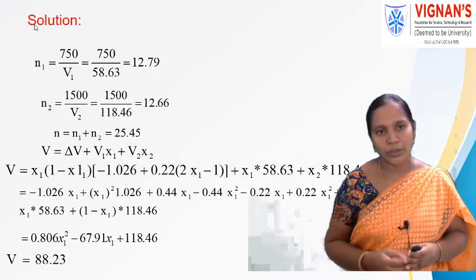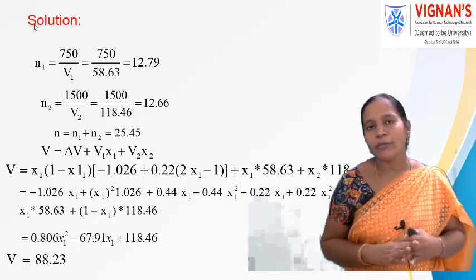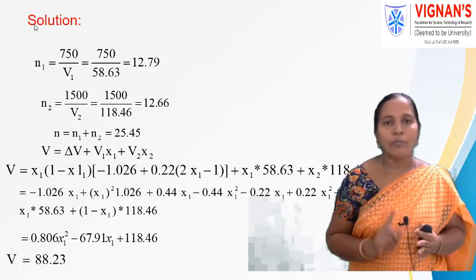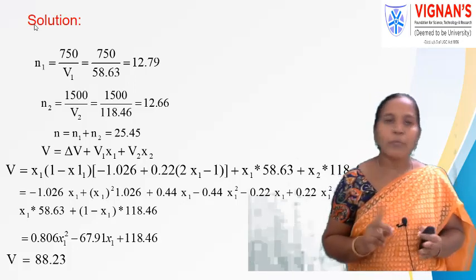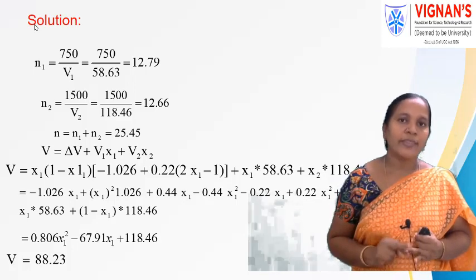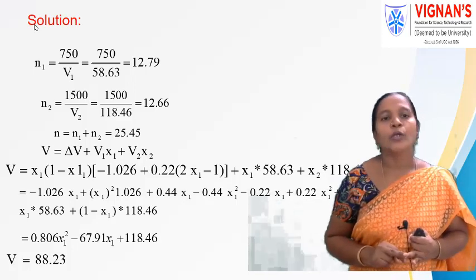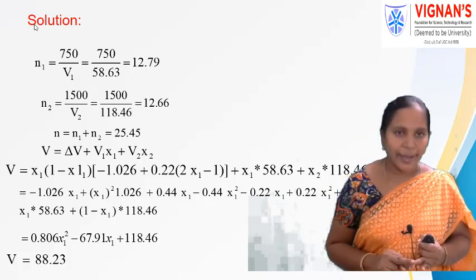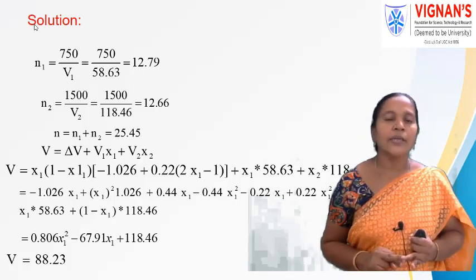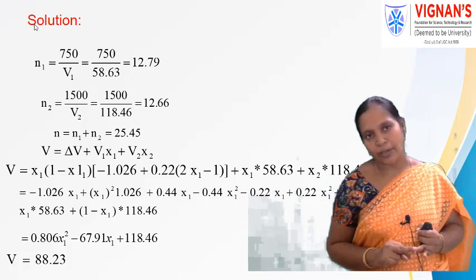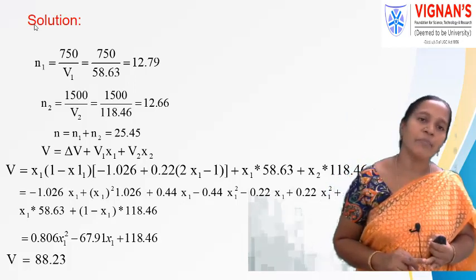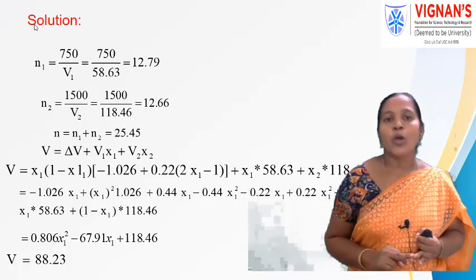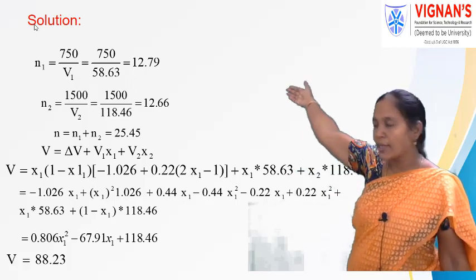Coming to solution. First of all, we have to calculate the number of moles of species 1 and the number of moles of species 2. Then we have to calculate the total number of moles, N = N1 + N2. Initially, we calculate N1 by using 750 by V1, that is 12.79.